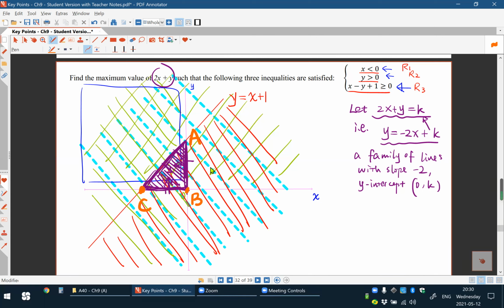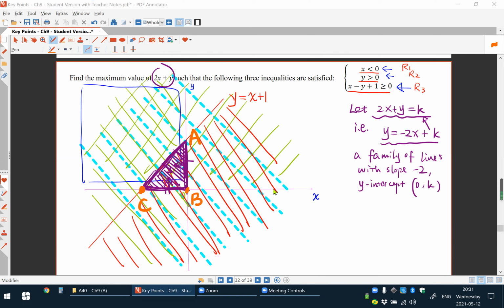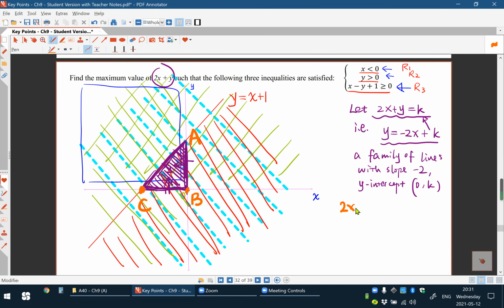Do you understand? Okay, so actually the maximum value can only happen at point A, B, or C. So we only need to calculate the 2x plus y at A, B, or C, right?